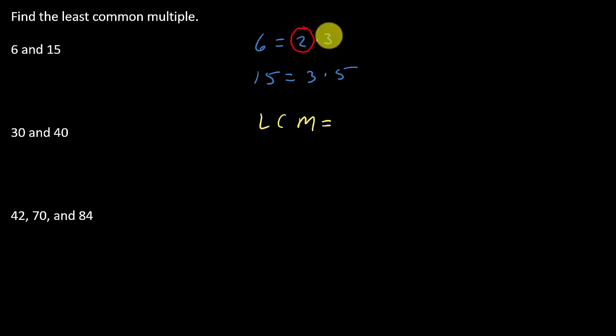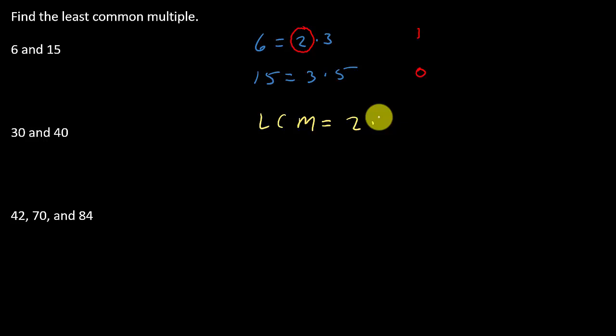It appears 1 time. And how many times does the 2 appear down here? That's 0 times. So up here it appears once, down here it appears 0. You use it the most number of times it appears. So for this problem, the most it appears is once. So we use it 1 time. So that will be 2 times.